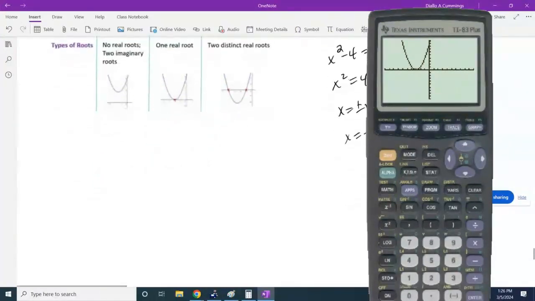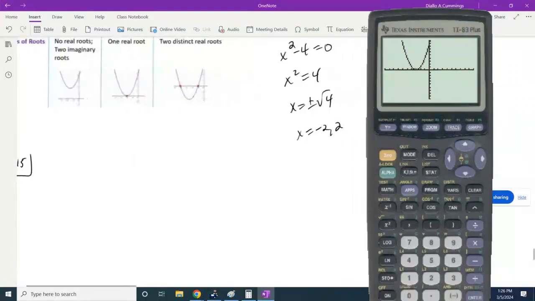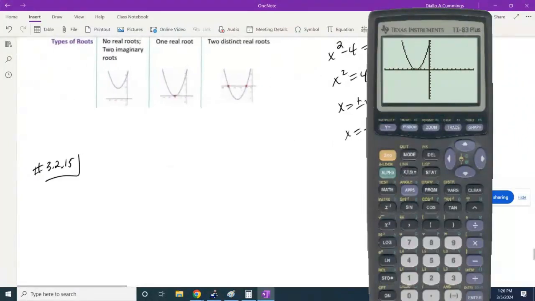Okay, and this is number 15. This should be similar to your number 15, 3.2, number 15. We're asked to find the discriminant.